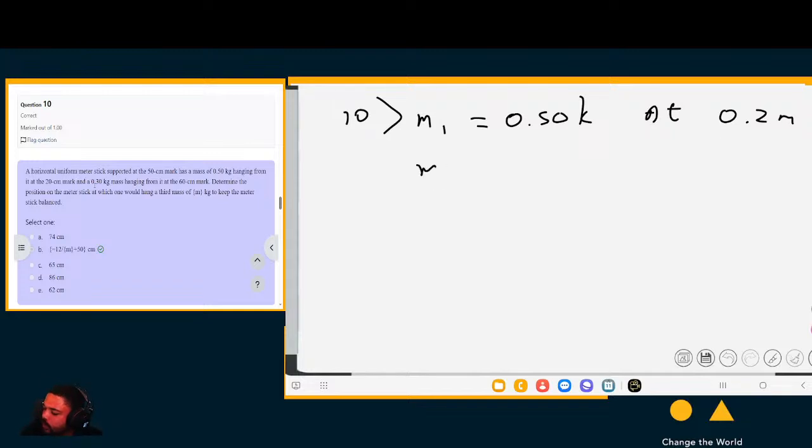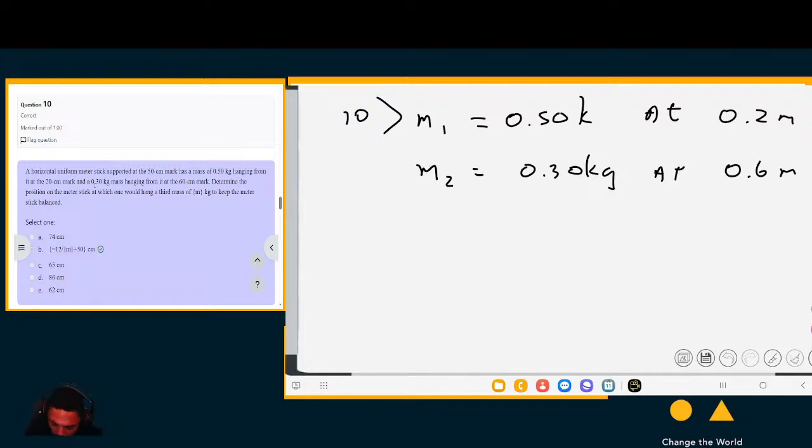And then we have mass 2, it is 0.3 kilograms, and it's hanging at the 60 centimeter mark, so the 0.6 meter mark.